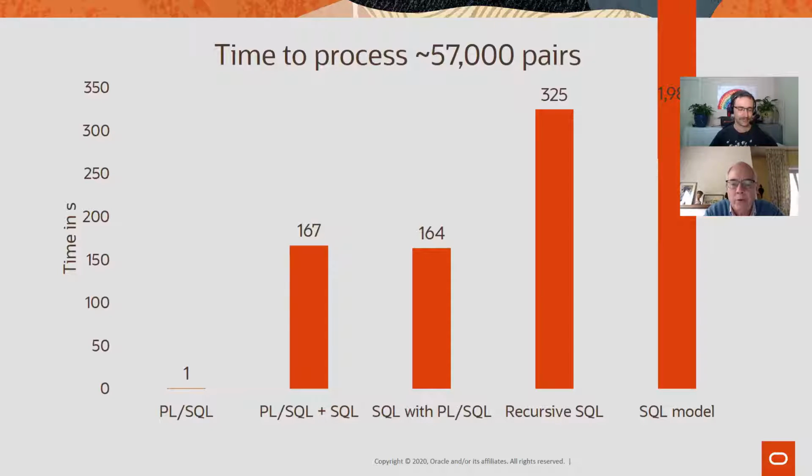It doesn't reduce the number of context switches, but when you have the PL/SQL in a WITH clause, the context switch goes a little faster. The database is able to do some optimizations. And it doesn't appear to make much difference between column 2 and column 3.